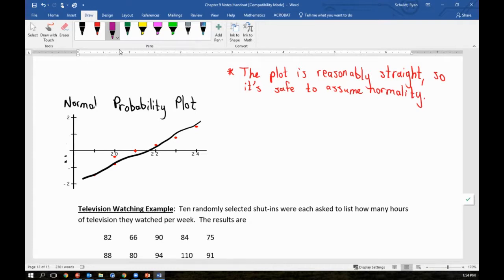What did we find our mean to be, x bar? 21.29. And then what about s? $1.80.